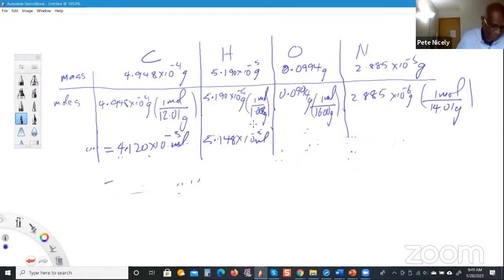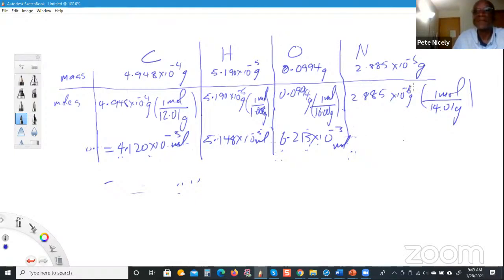And then in the case of oxygen, it's going to be 0.0994 divided by 16 equals, okay, so this gives me 6.213 times 10 to the minus 3 moles. And then finally, in the case of nitrogen, I think I made a mistake here.